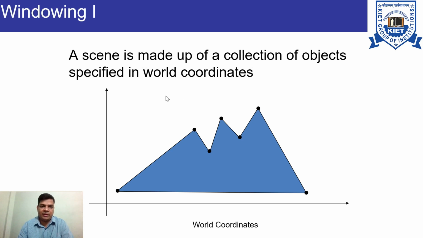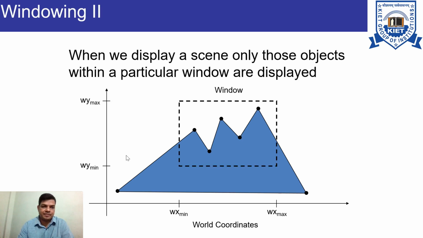So whatever scene that we are drawing, the dimensions of the scene are specified in terms of world coordinates. Now after that we are having one window, and this window is a clip window, and whatever the portion which is inside the window, this portion we make visible on the display unit, and the portion which is outside this window, that is invisible.